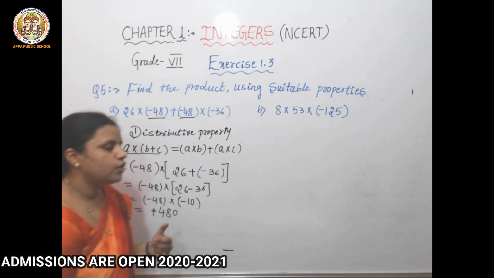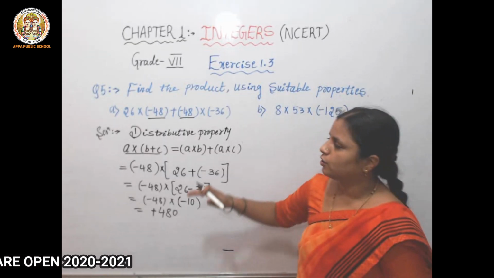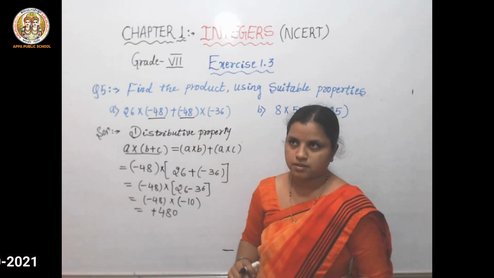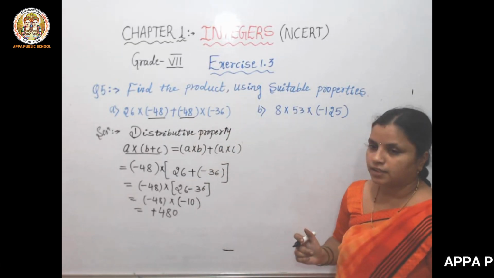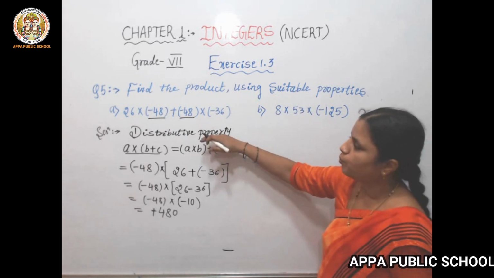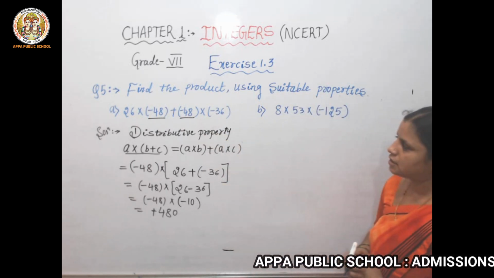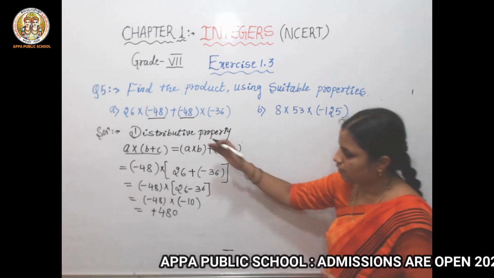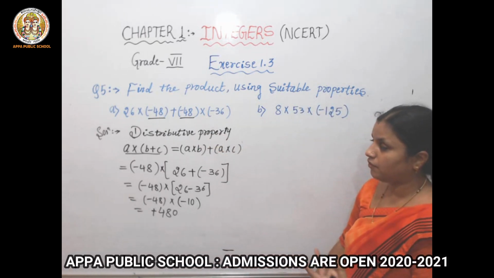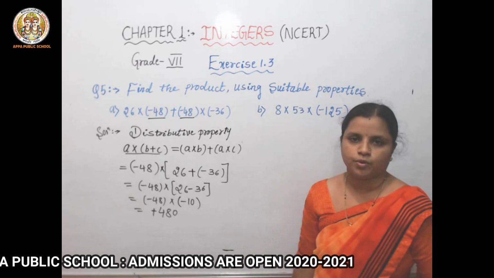This is how we calculate the product of these terms. Here don't calculate directly. With the help of a property we are going to solve this problem. Here we have a common term, so that's why we used the distributive property.